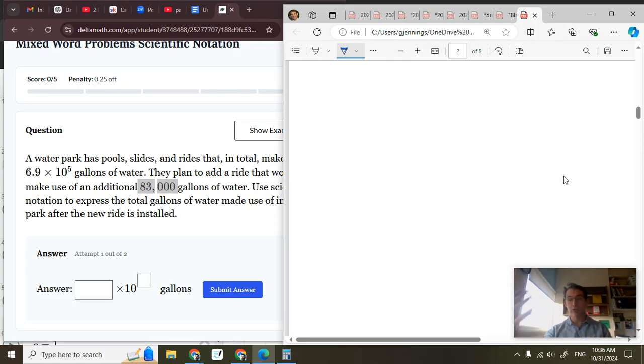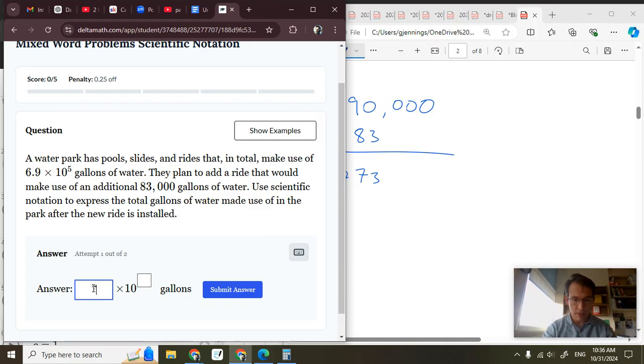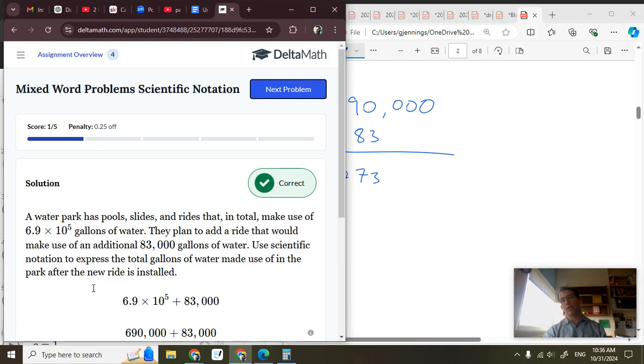So I'm going to add a new ride to this park, and I want to know the total new amount of water. So we are now using 690,000 gallons of water, and we're adding a ride that's going to use 83,000. And so that's going to be a 3 there, a 7 there, and a 7 there when I add this up. So it's 7.73 times 10 to the 5 gallons of water.